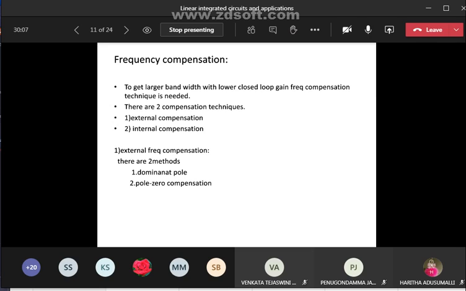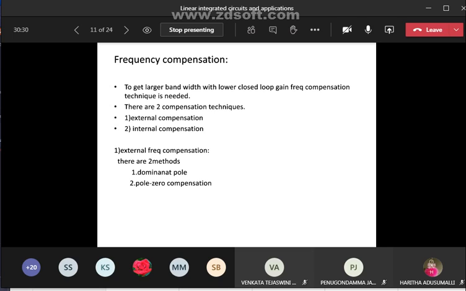In frequency compensation, the op-amp circuit with a single break frequency is stable. Now consider a system with 3 break frequencies. It is possible due to capacitive components to have more than one break frequency.